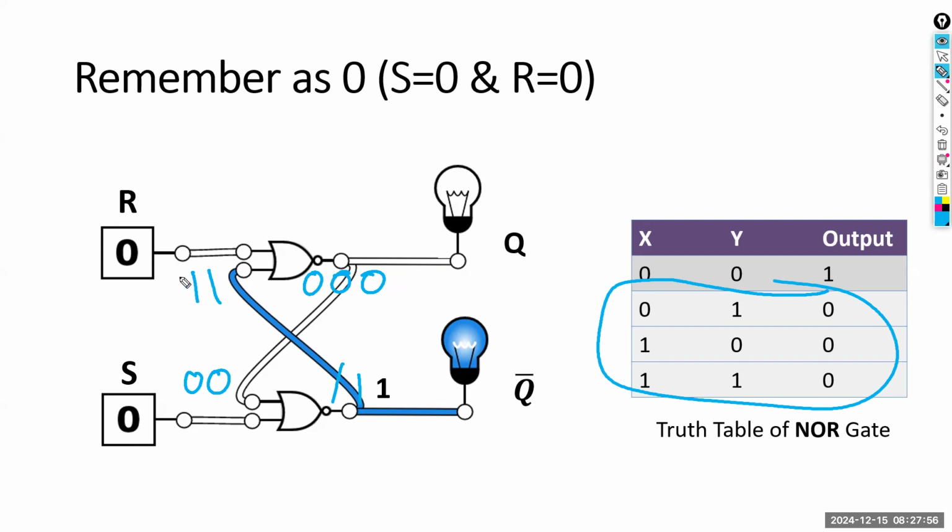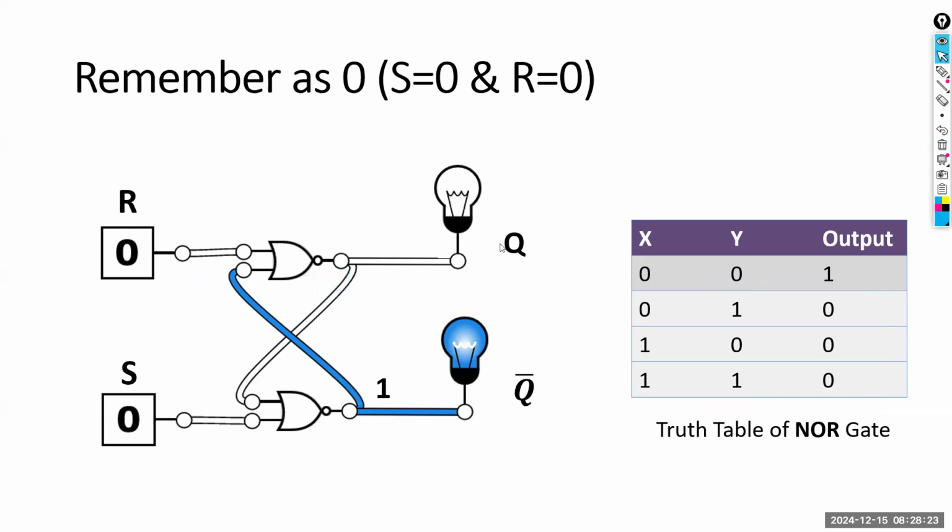Actually, this stays for a long time because this is my memory state. Until you set it again, this stays, and this keeps happening in each clock cycle, but it doesn't change the value. So that is how an SR latch works. Set and remember. Reset and remember.